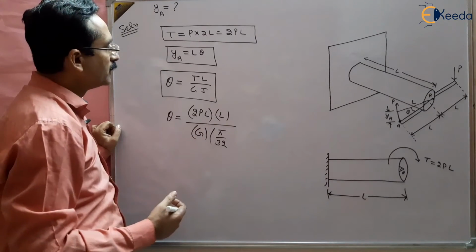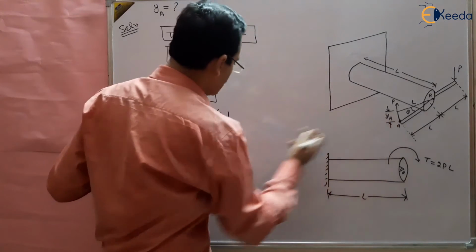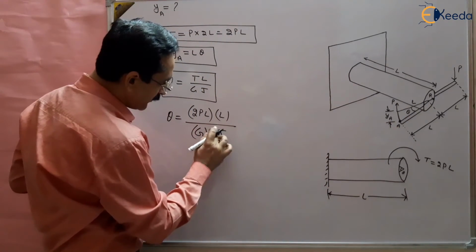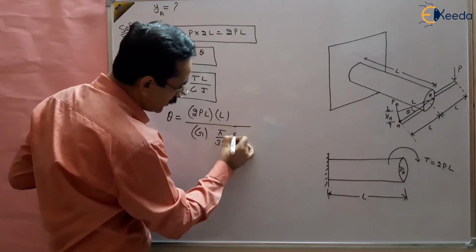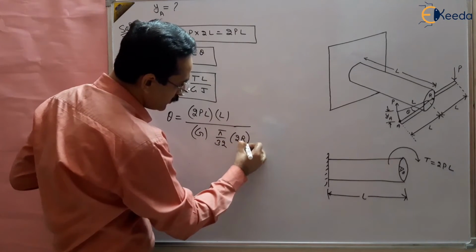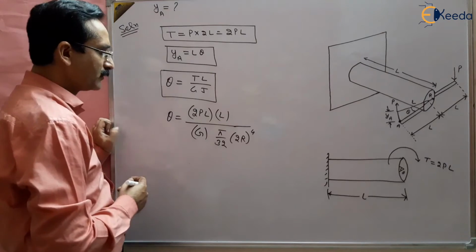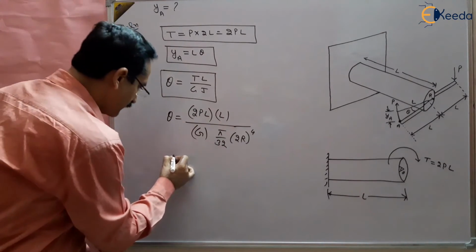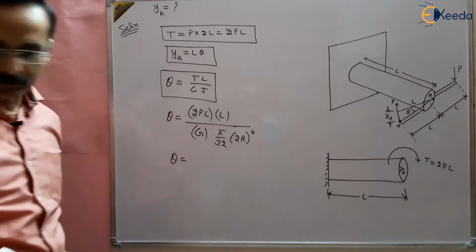In terms of radius, d will be 2r, so pi by 32 times (2r) to the power 4. From here we can solve it and get the value of theta.